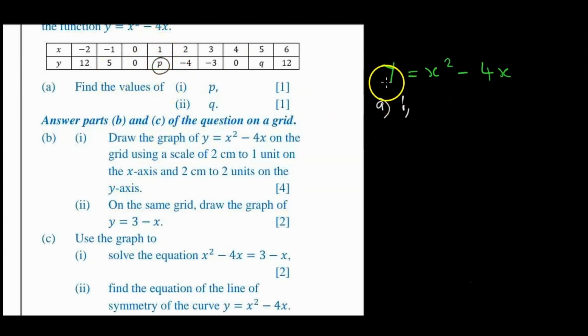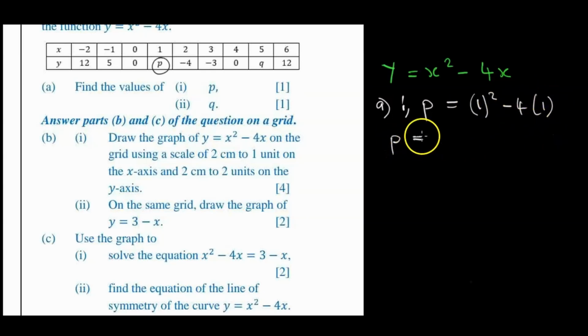So we are going to go to our function. We are going to substitute y with p, then x with the corresponding value. So p is equal to, then in place of x we put 1, because p is a point and the corresponding x value of p is 1. So it's 1 squared minus 4 multiplied by 1.